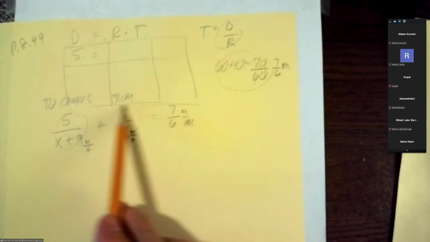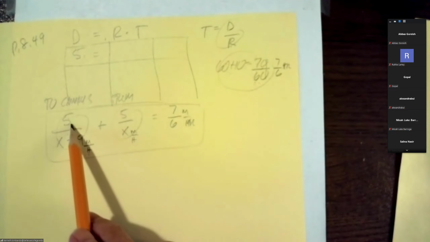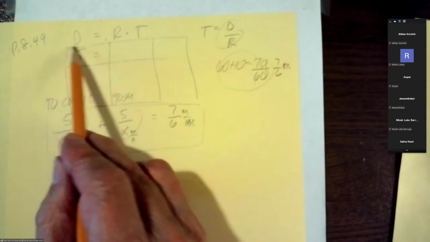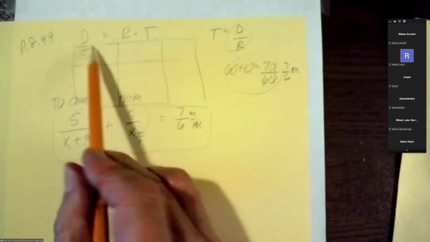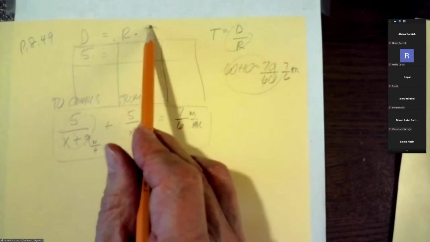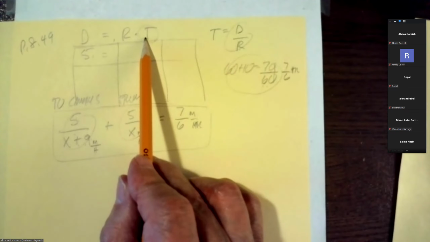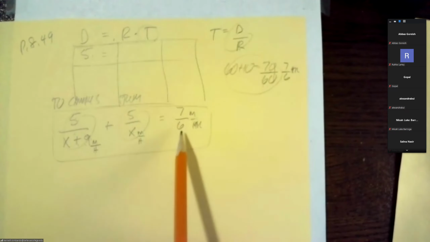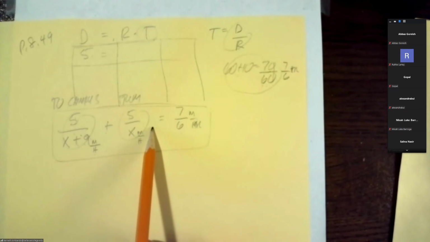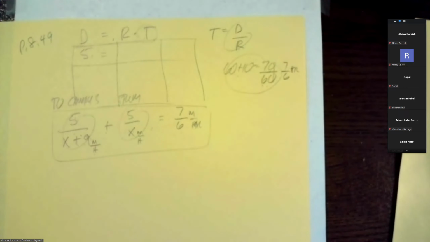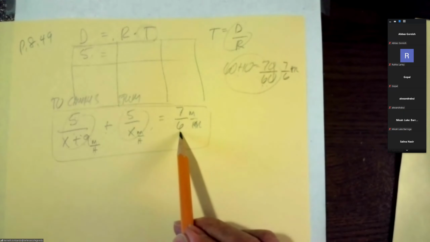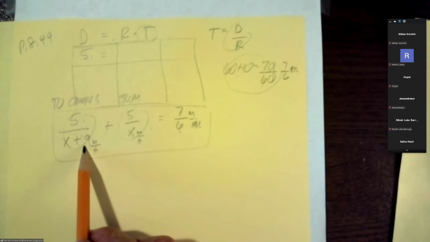So that's the equation that we have to solve right here. We got that by looking at distance equals rate times time, and we're solving for time. We put it in the formula of distance over rate is time because we're given everything in terms of time. So this is a time, this is a time, and this is a time.